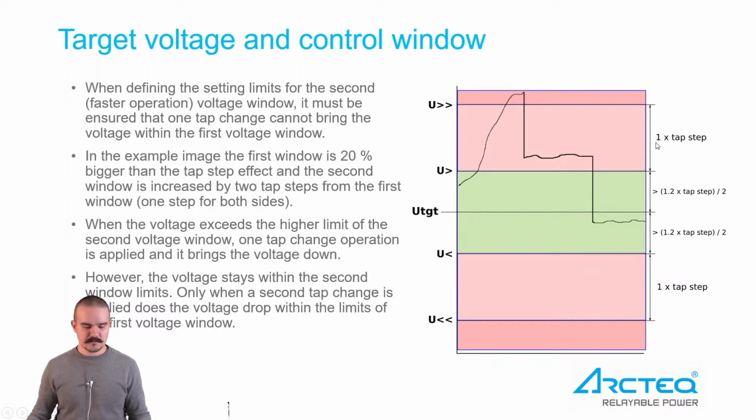So when the voltage exceeds this higher limit, you will get a voltage lower command, and it goes under this second window but stays over this first voltage window. And then we get a second control, and then we have the voltage inside the first voltage window.